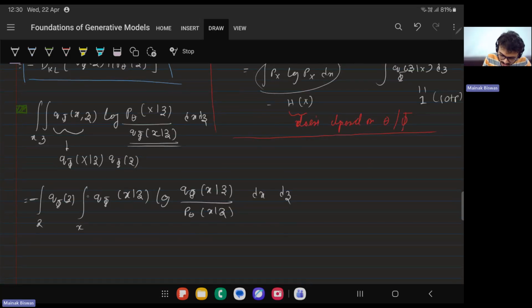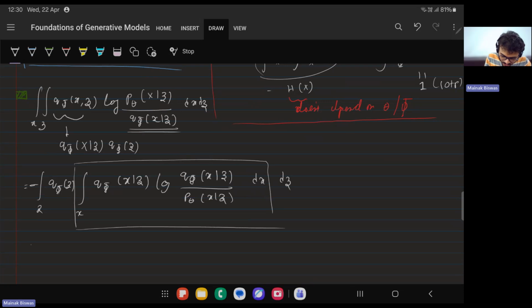Again, clearly this term is the KL divergence, and you have an expectation over the z sampled from the q phi distribution. So you get the KL divergence between q phi of x given z and p theta of x given z.